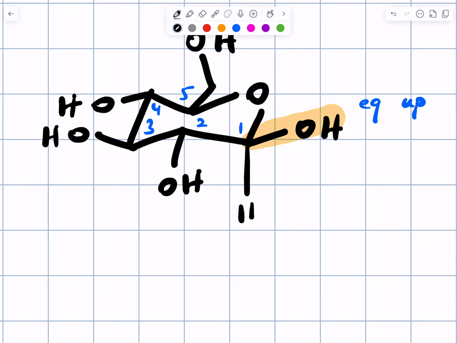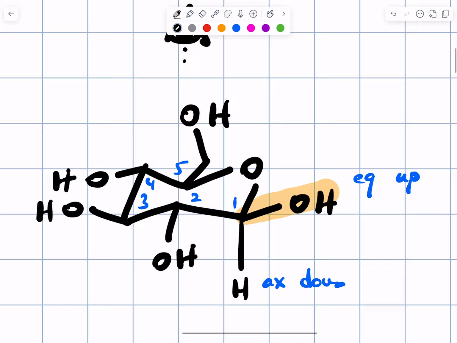This, on the same carbon, is what we would call an axial down substituent. The equatorial substituents, when they point up, are going to be angled up towards the top of the page, but not pointing directly to the top of the page. An axial up substituent, like this hydrogen, is going to be pointing towards the top of the page.